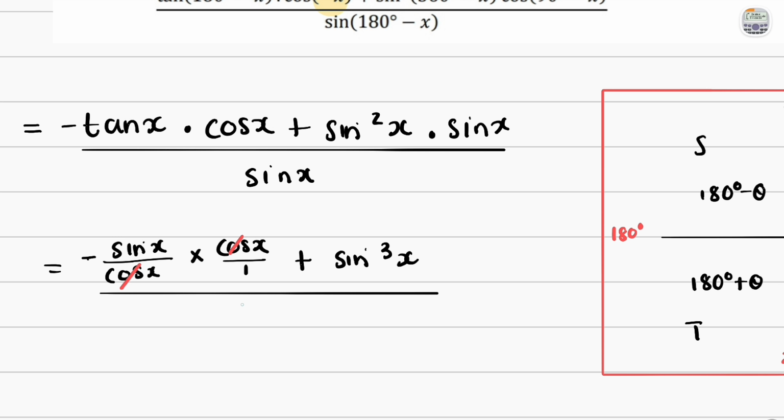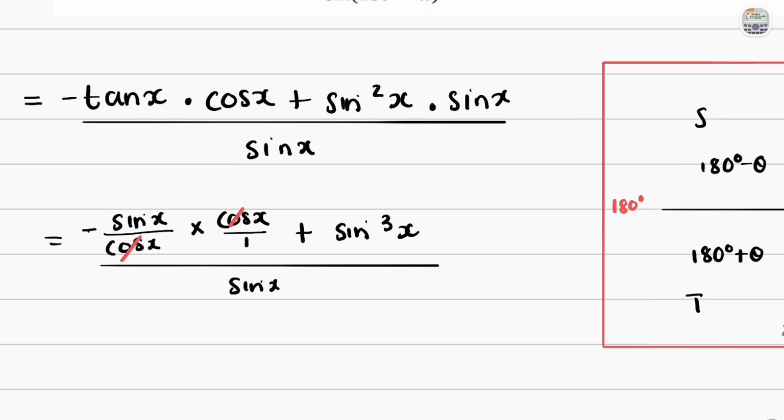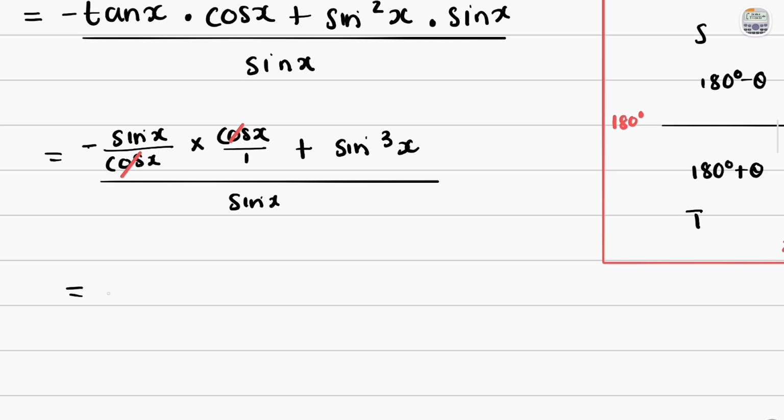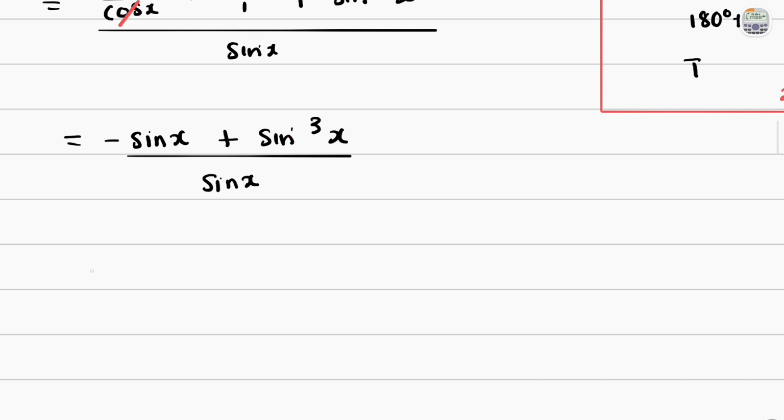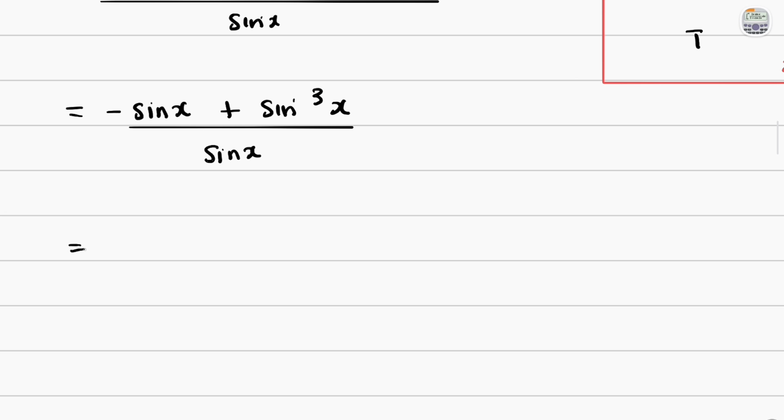And now we have over sine x. If you just simplify this, you have negative sine x in the numerator. That's all that is left. And you have plus sine cubed x over sine x. And clearly we can see that there is a common factor of sine x all through. So we have that common factor and we'll just take it out. So sine x is common and what is left in the first term?